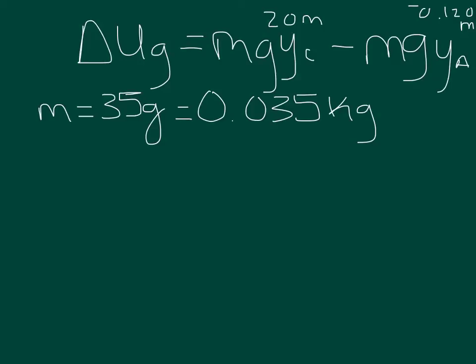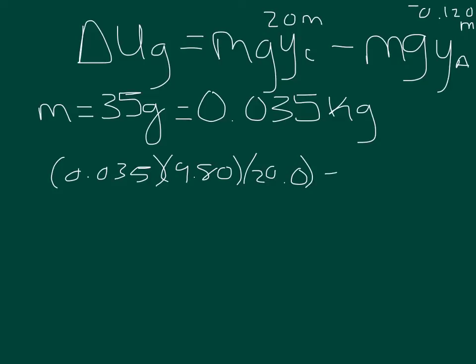So that would be our 0.035 for our mass times our 9.8 meters per second squared times our 20 meters. And we're subtracting from that the mass, 0.035, times gravity, times our initial position, which was negative 0.120 meters, because remember, we compressed the spring.